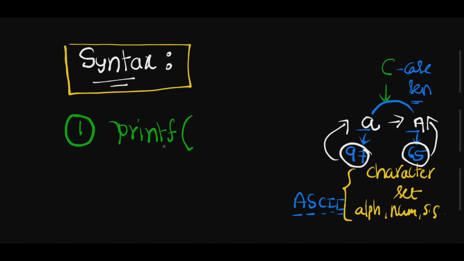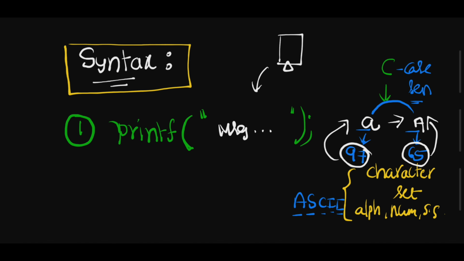Printf is a function. It comes with parenthesis, and we write double quotations. Inside the double quotations we can define a message, and this message is going to be printed on the output screen.